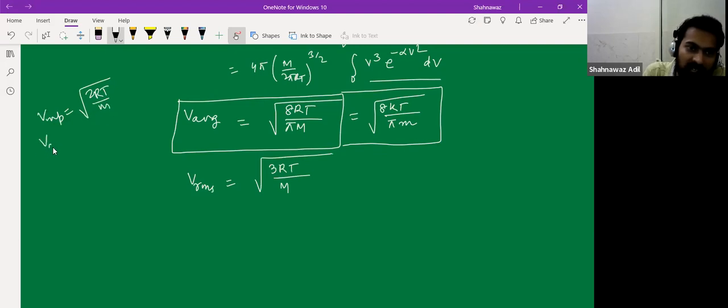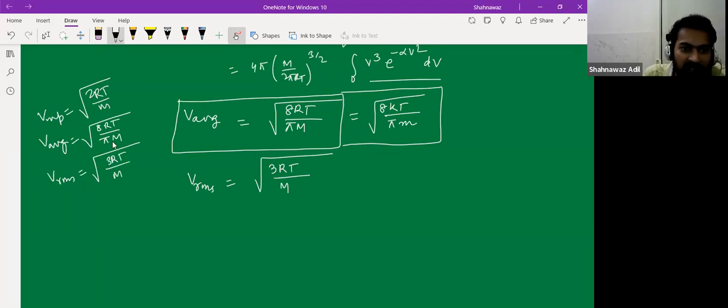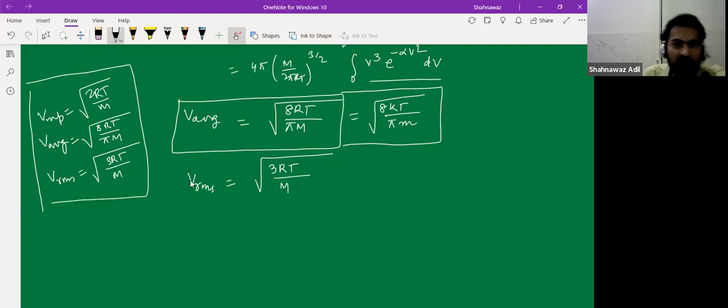Then we have V average, which is 8 RT by pi m, and V RMS, which is 3 RT by m. So in the case of the average only, you have this pi here. These are the three velocities you get for the Maxwell distribution.